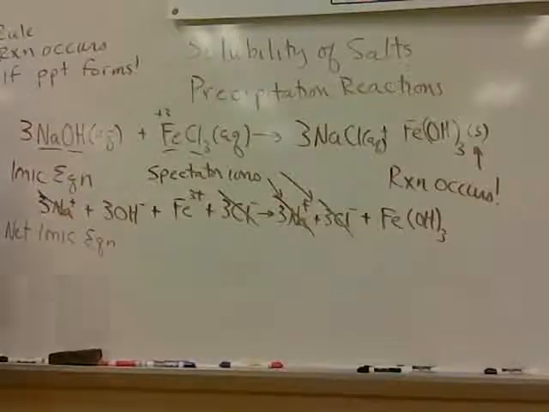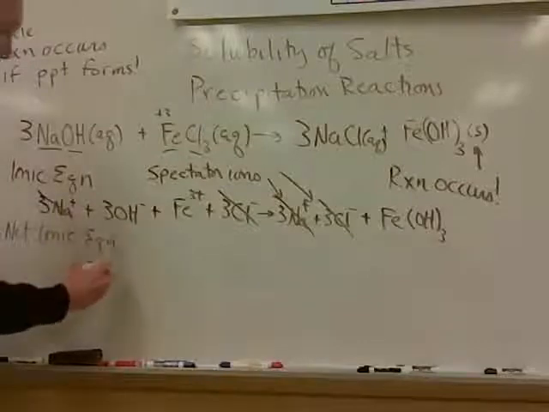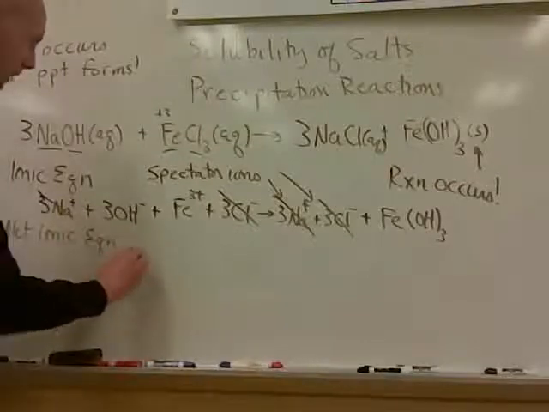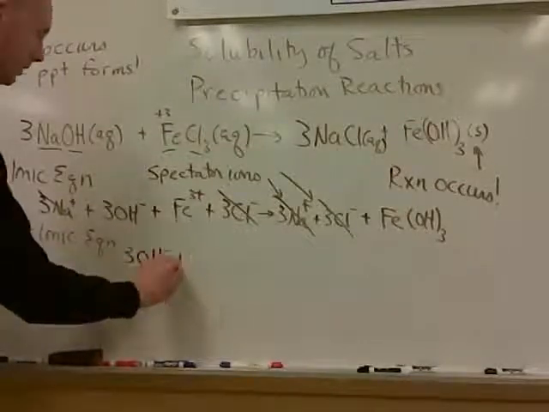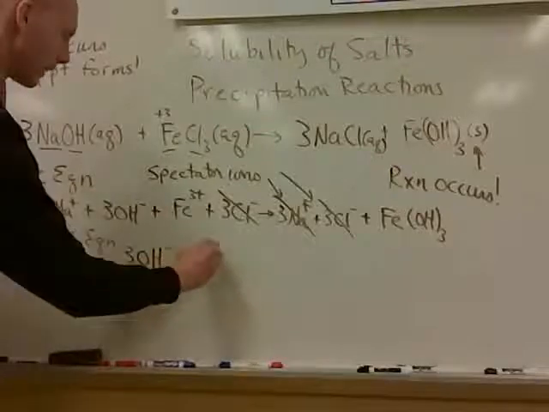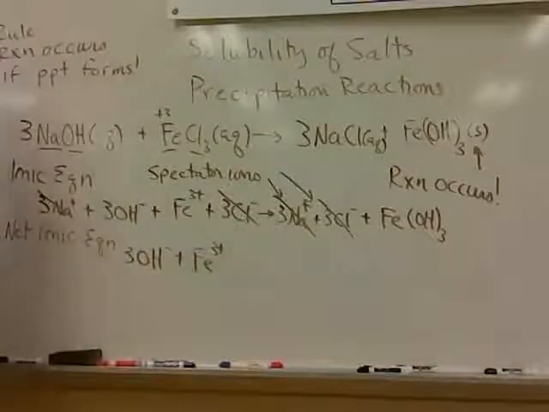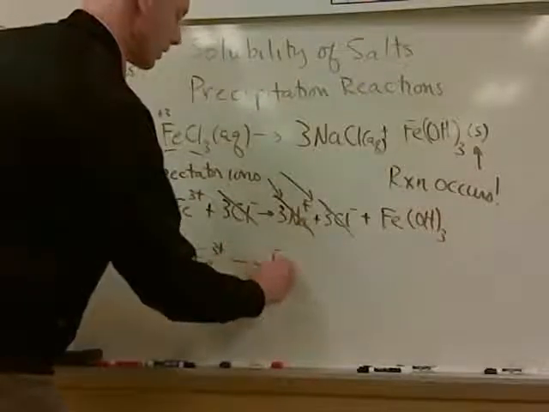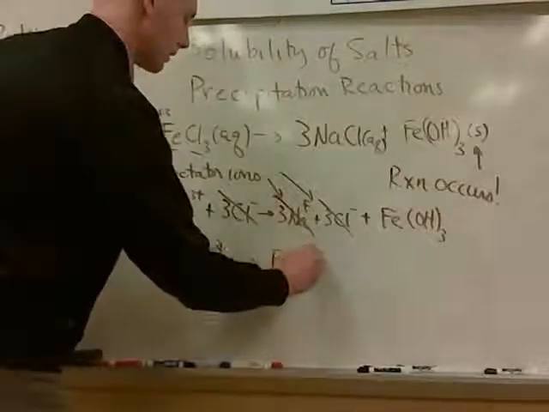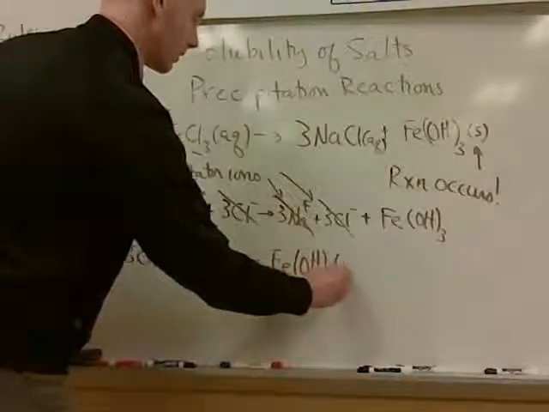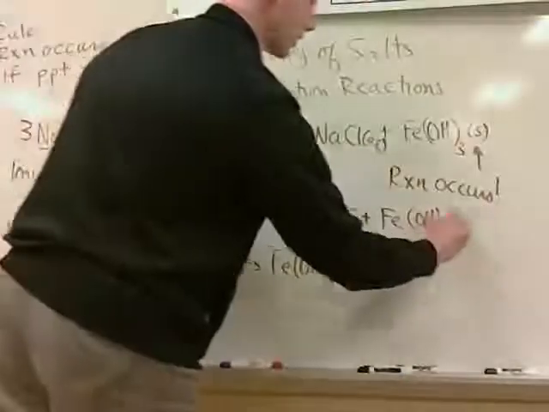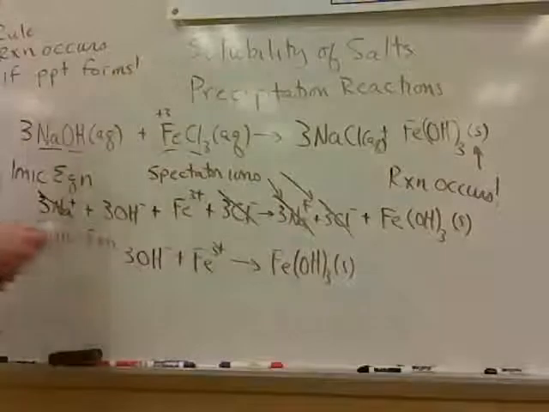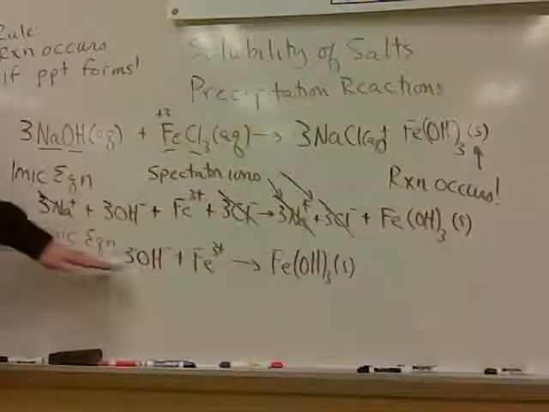The only thing that's involved in the reaction is my 3 hydroxides plus my iron 3 plus forming ferric hydroxide as the solid. So this is my net equation.